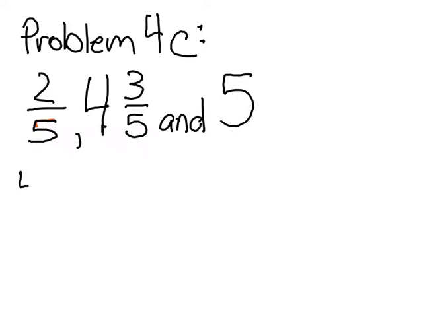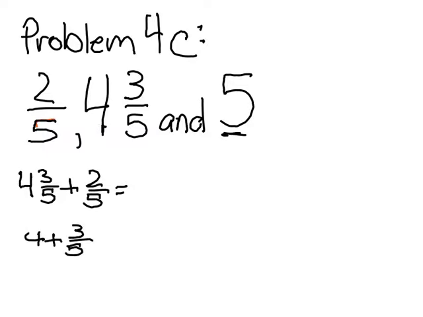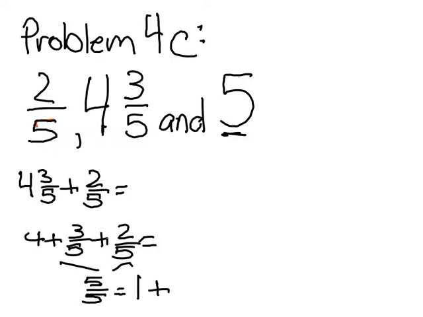We know that 4 3/5 plus 2/5 would equal, we hope, 5, so let's look at this. We got 4 here, plus 3/5 plus 2/5. This equals 5/5, which equals 1, plus the 4 from over here equals 5.